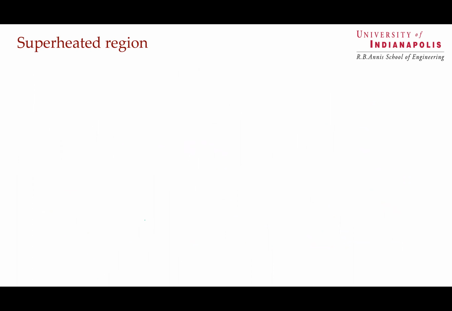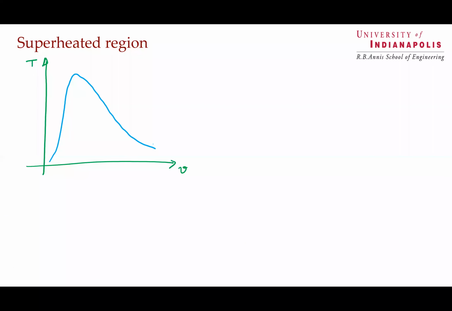Now, when we go to the superheated region, it's pretty simple. All you need is to figure out whether the given conditions are in the superheated region. So if you have a TV diagram, I can again draw that envelope, and next find the given pressure and draw a constant pressure line.